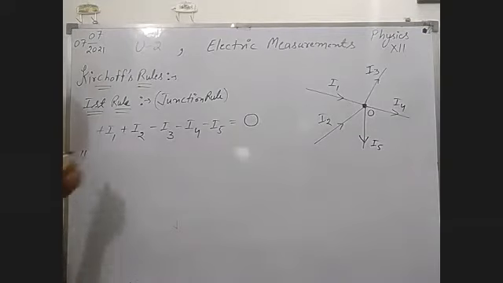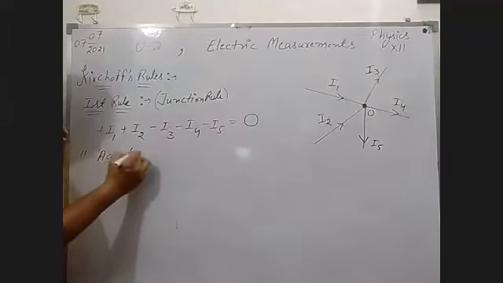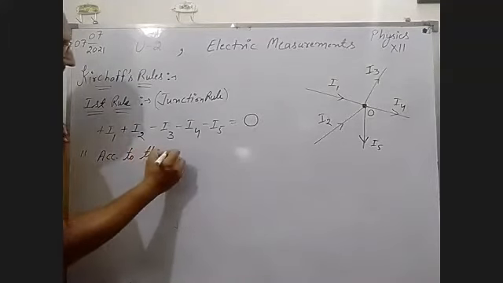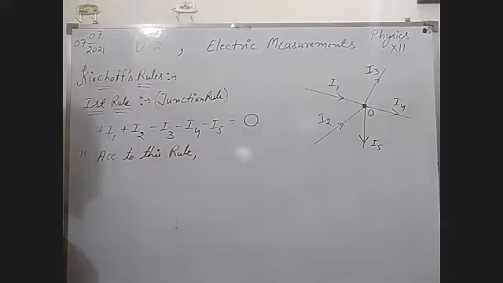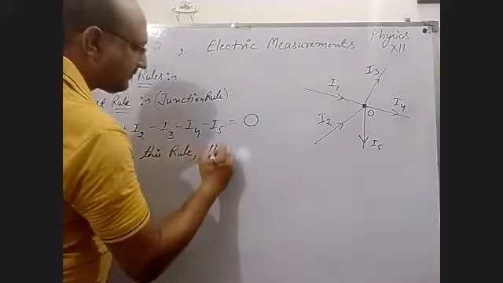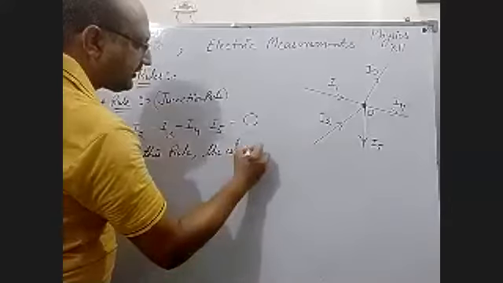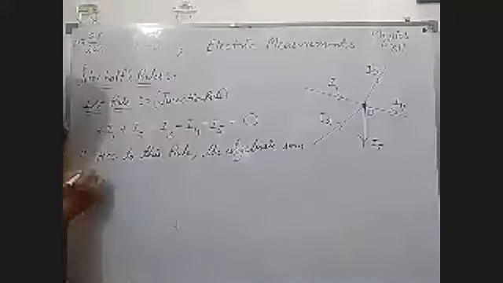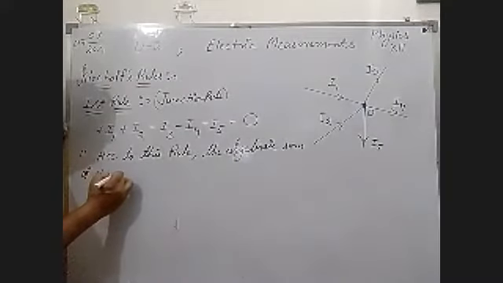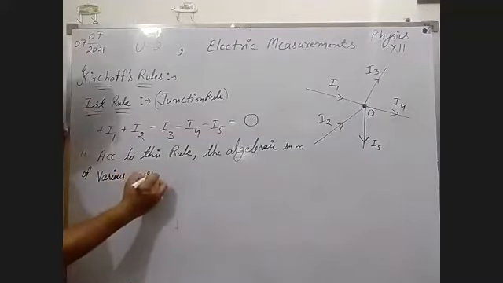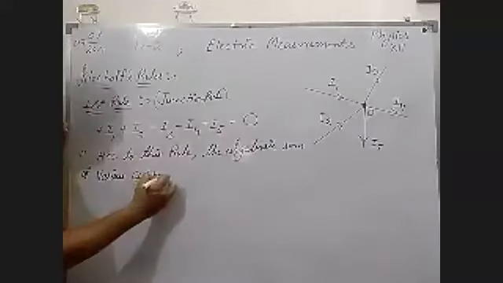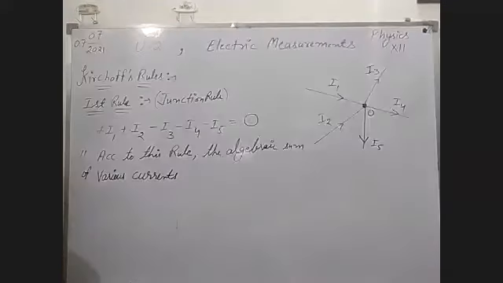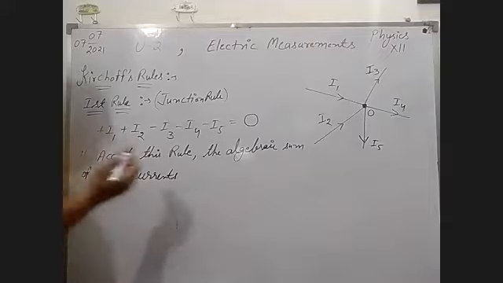According to this rule, the algebraic sum of various currents meeting at a junction or a point.